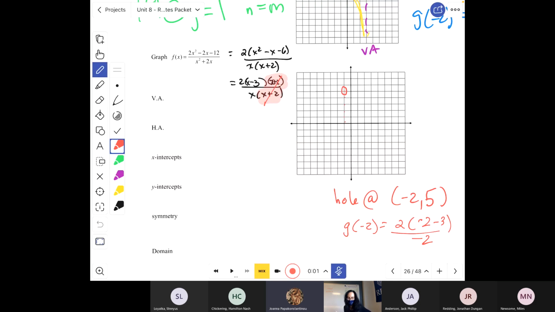I know I have a hole there. What can you tell me about a vertical asymptote? y equals 2. No, just 0, that's the horizontal asymptote. It's at no, or x. x equals 0.